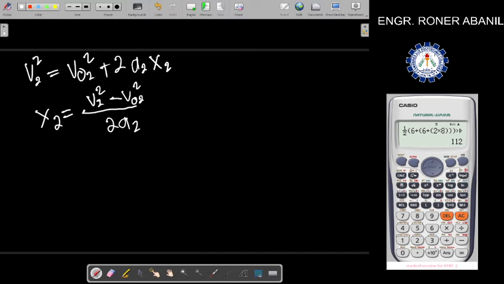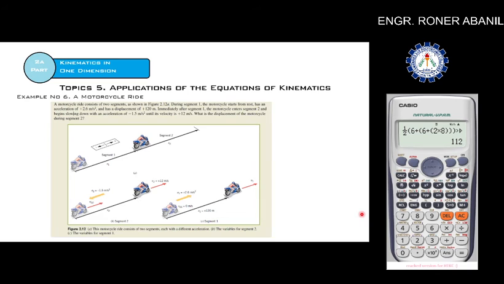So now, the formula that comes in is initial velocity squared equals velocity number 1. Where does that velocity number 1 come from? It says, during the first segment, the motorcycle starts from rest, then accelerates at 2.6 meters per second squared, then displaces 120 meters.